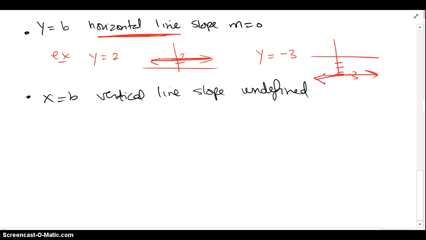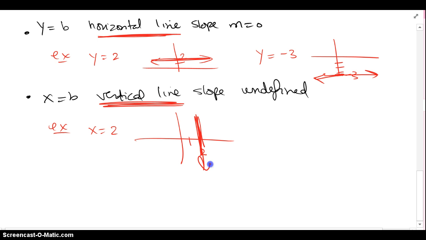If I have x equals b, or x equals some constant, that's always going to be a vertical line. For example, if I have x equals 2, 2 is going to be the x value, and it's going to go through x equals 2. Or if I have x equals negative 3, the x value is negative 3, and my line is going to go through x equals negative 3.